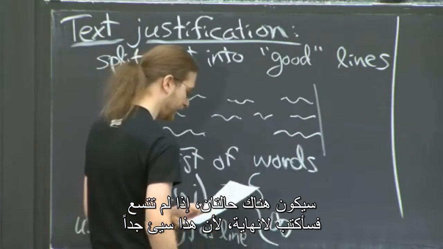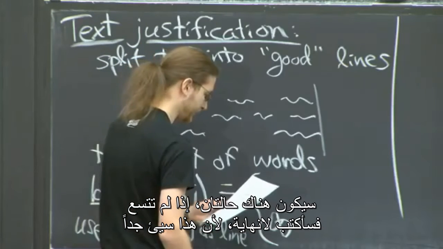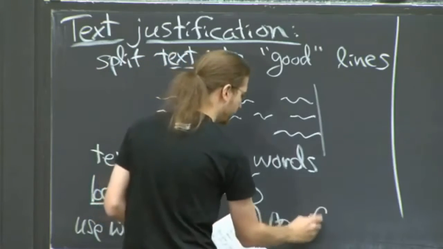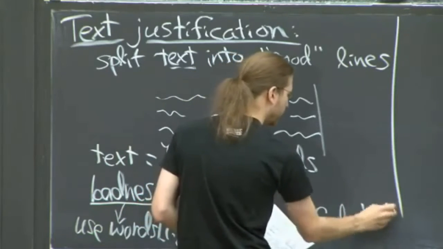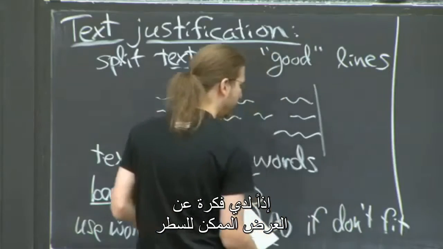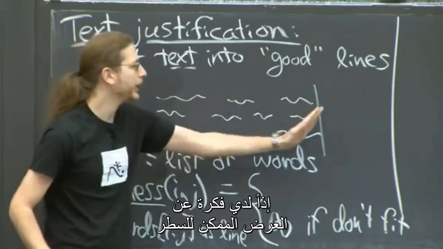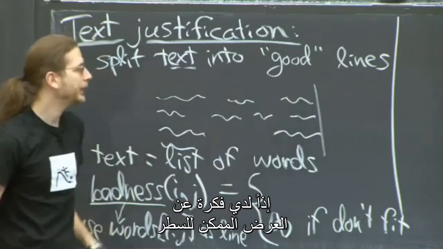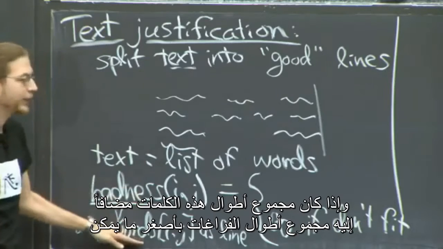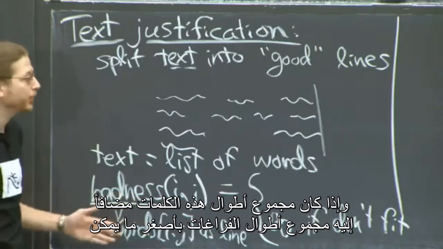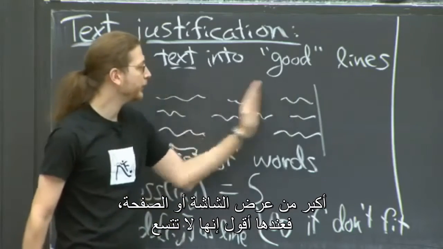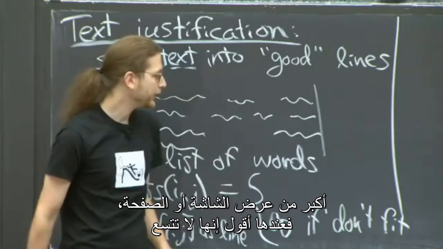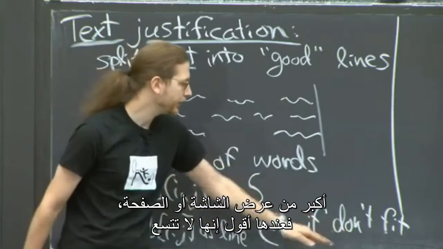So there are two cases. If they don't fit, I'm going to write infinity, because that's really bad. I have some notion of how wide my line can be. And if the sum of the lengths of those words plus the sum of the lengths of the spaces, as small as possible, is bigger than the width of my screen or page, then I say they don't fit.